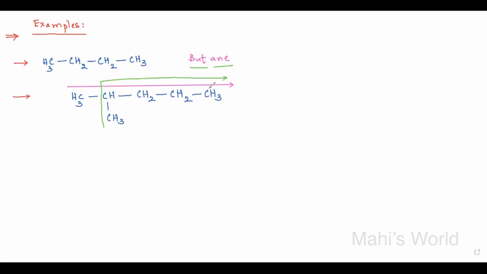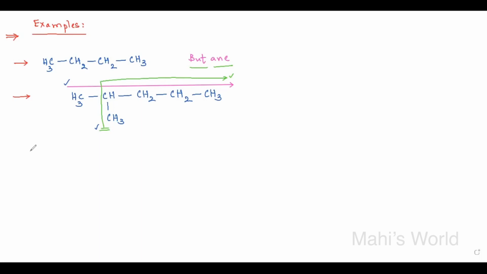Even then I'll get 5 carbon atoms. Starting from this, I can go right up to this. How many carbon atoms do I get? 5. The same number of carbon atoms is what I'm getting, right? How to take? Of course, both are same. You can go either this way or this way. It doesn't make any difference because you are getting the same number of carbon atoms. I mean the same 5 carbon atoms.